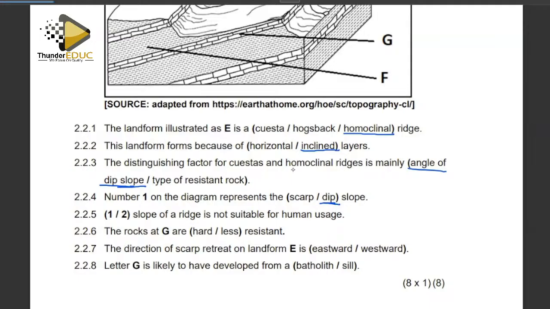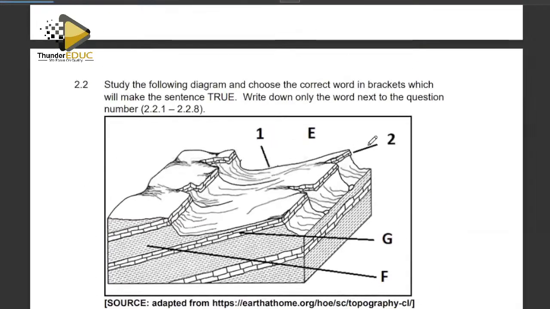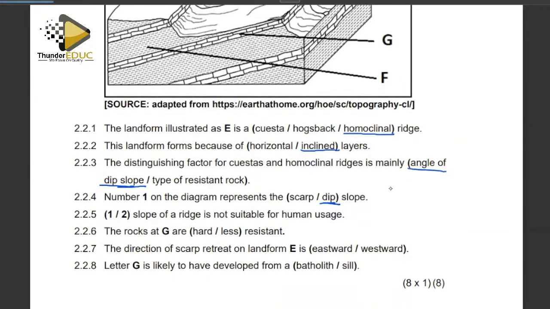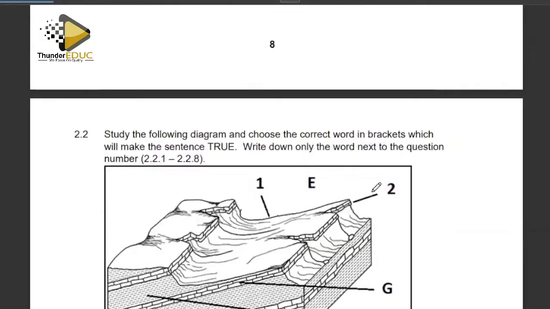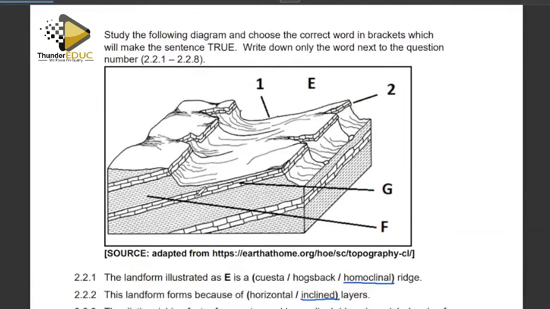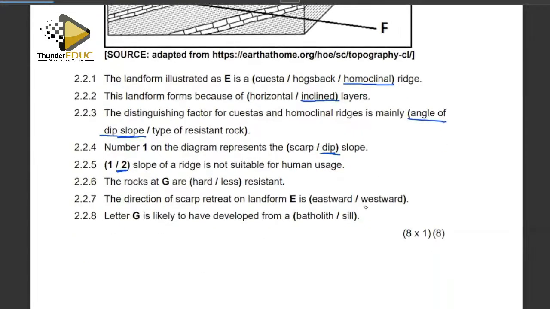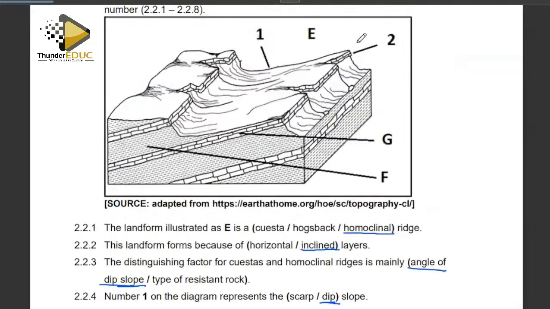Then 1 or 2, slope of a ridge is not suitable for human usage. 1 is gently sloping, 2 is very steep sloping. We cannot have human activities or human usage on 2. The rocks at G are hard or less resistant. At G, these rocks here, that will form the dip slope, right? Automatically, those rocks are hard and resistant. Direction of scarp retreat on landform E, is it eastwards or westwards of this landform here?